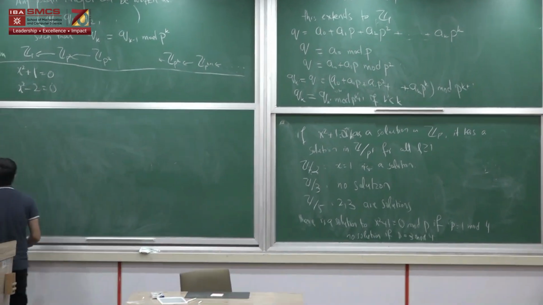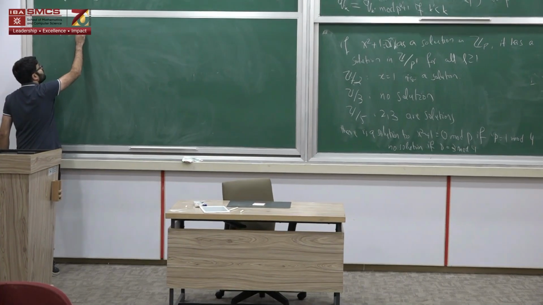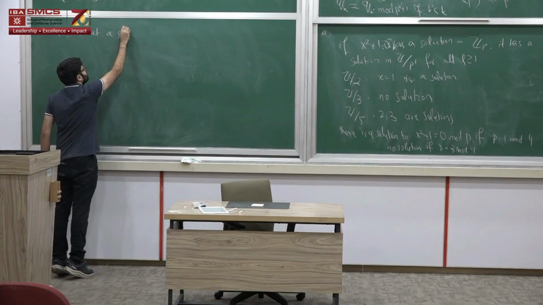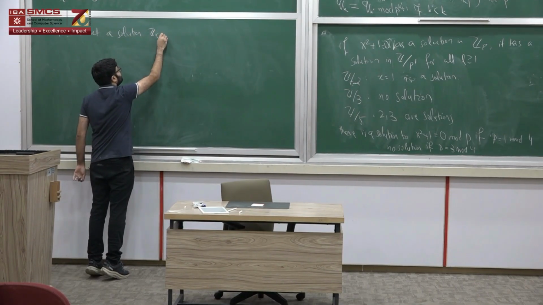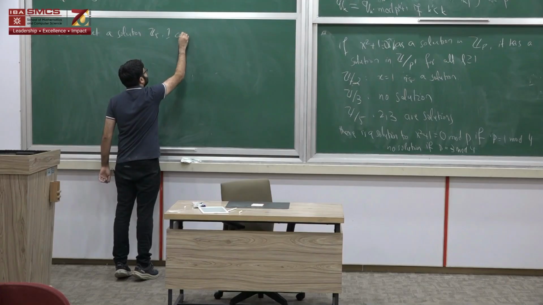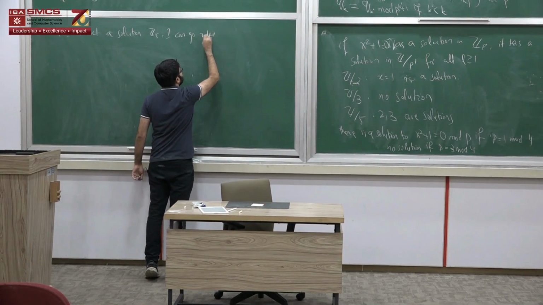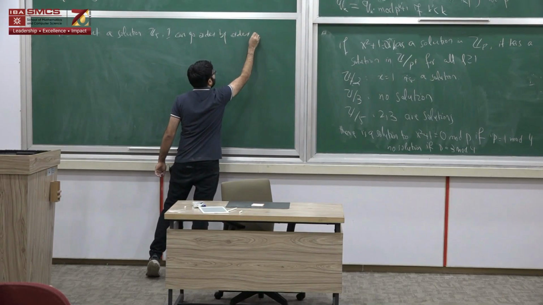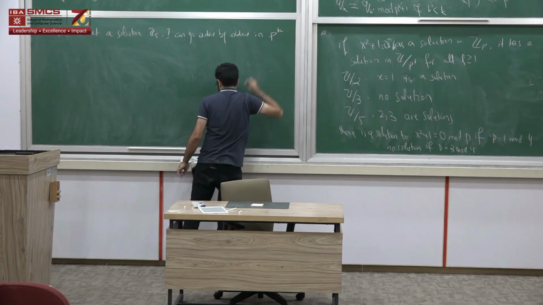So, there are 2 solutions in Z5, which are 2 and 3. I can go order by order in p to the k, or in p.